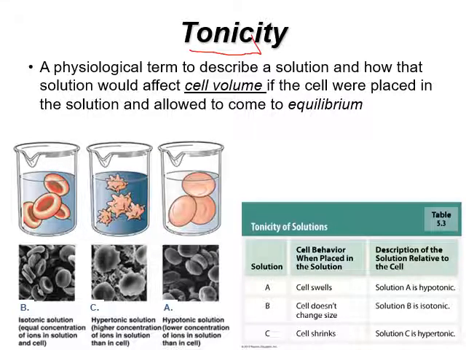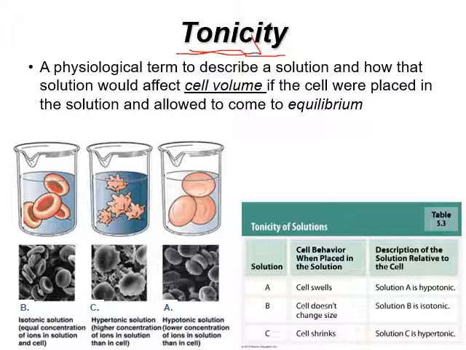If there are more osmotically active solutes outside the cell than inside, the water is going to be drawn out of the cell. How a solution affects the structure or the tone of the cell is what we term tonicity. Tonicity doesn't have any units. We're not comparing, we're just looking at what a solution will do to the tone of the cell.